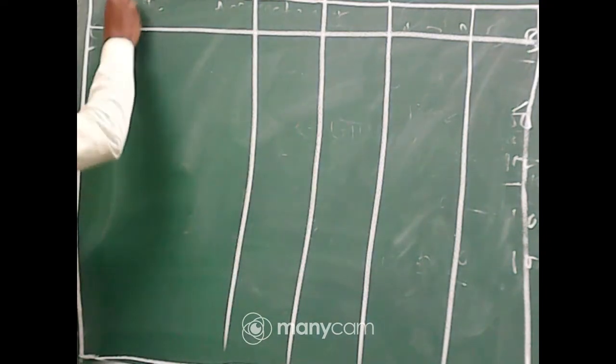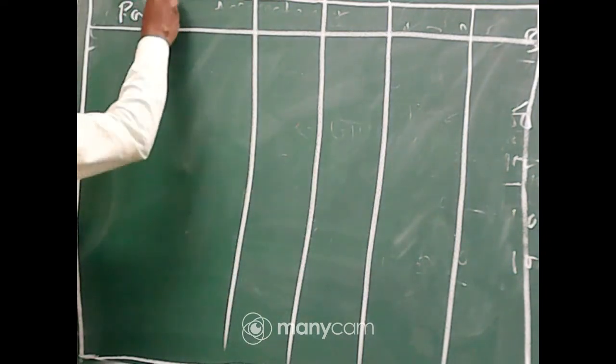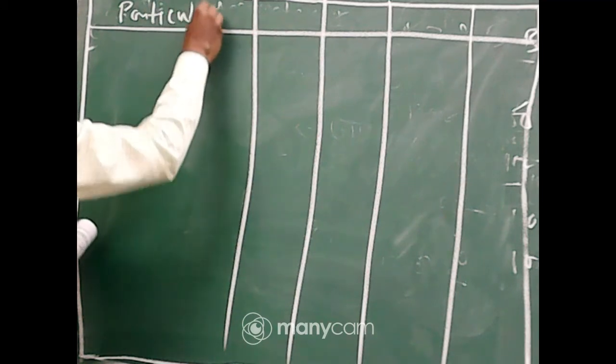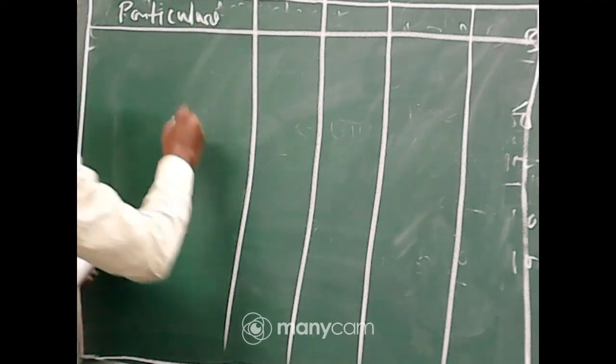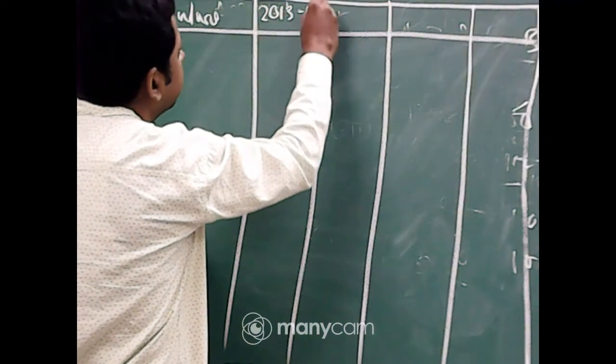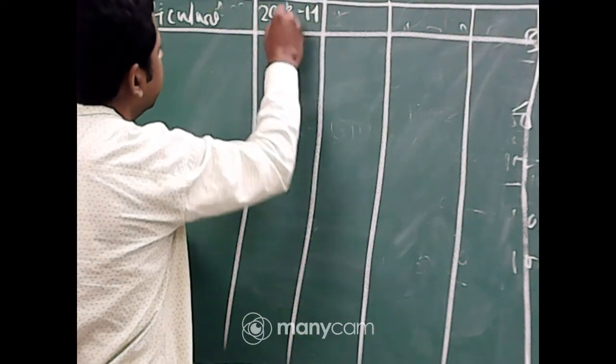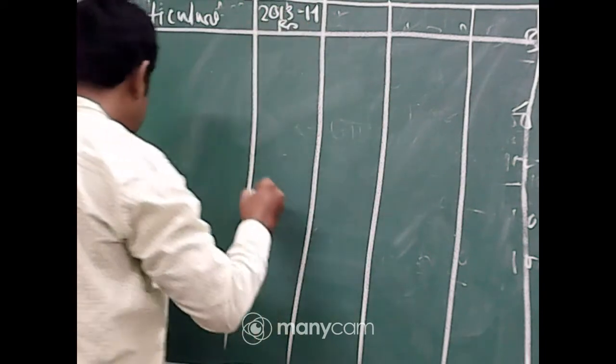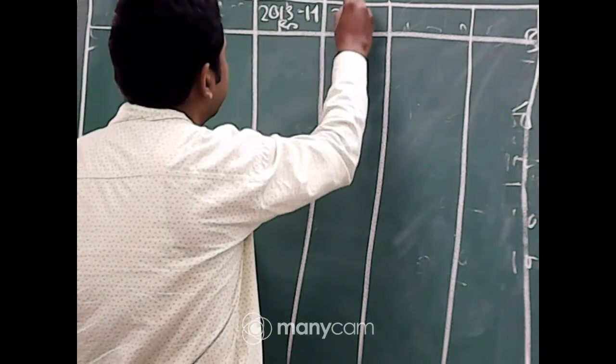Now there are particulars. First is the 2013-14 figure, that is the last year figure, and the current year figure is 2014-15.